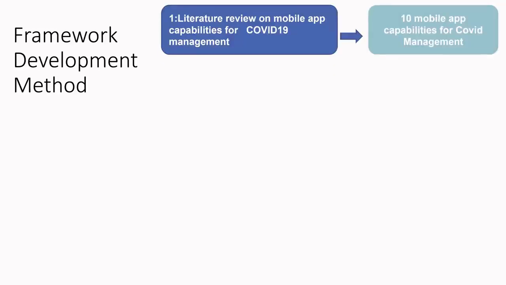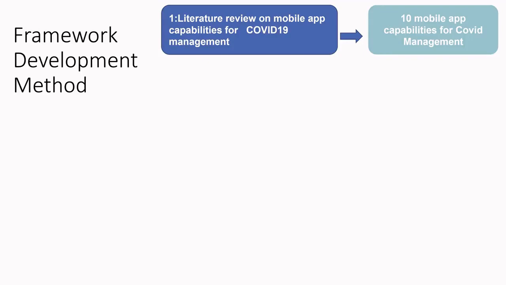Right. Now, how we developed the framework. We followed these steps when we developed this conceptual framework. First, as I said in the earlier presentation also, we did a literature review to identify the capabilities that are required by end users to support COVID management. We identified 10 capabilities at the end of this exercise.